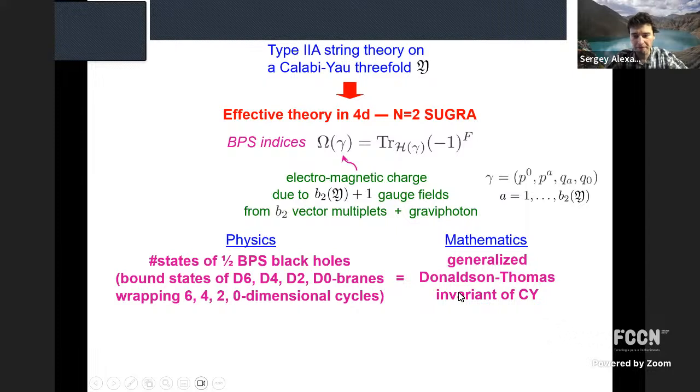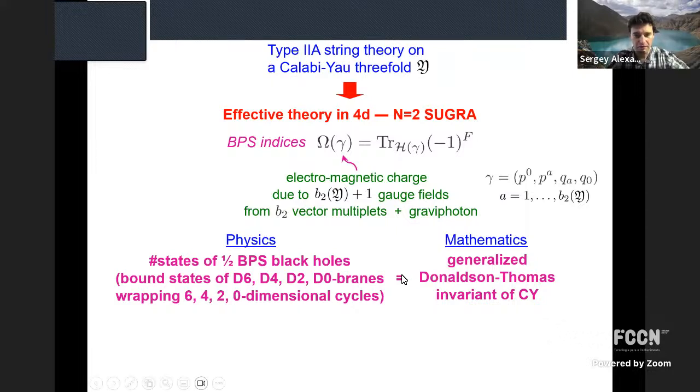On the mathematical side of the problem, these BPS indices have been conjectured to coincide with the so-called generalized Donaldson-Thomas invariants of the Calabi-Yau. And for mathematicians, it's a really great challenge to compute these.